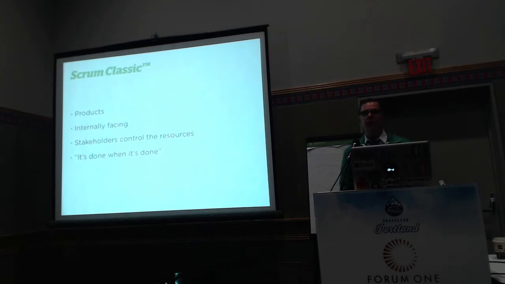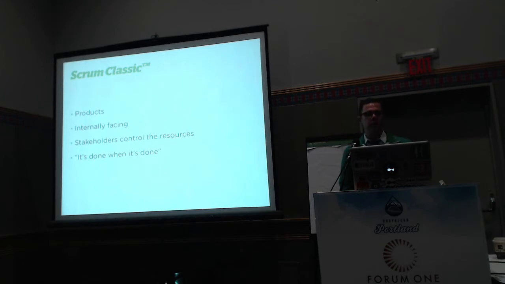It's internally facing, and what I mean by that is if you're at an IBM or a Google or an Apple, everybody on the team and everybody who is invested in the product is also at IBM or Google or Apple. So it's IBM working on their own product with their own teams, with their own time, with their own money, and their own people. Right?